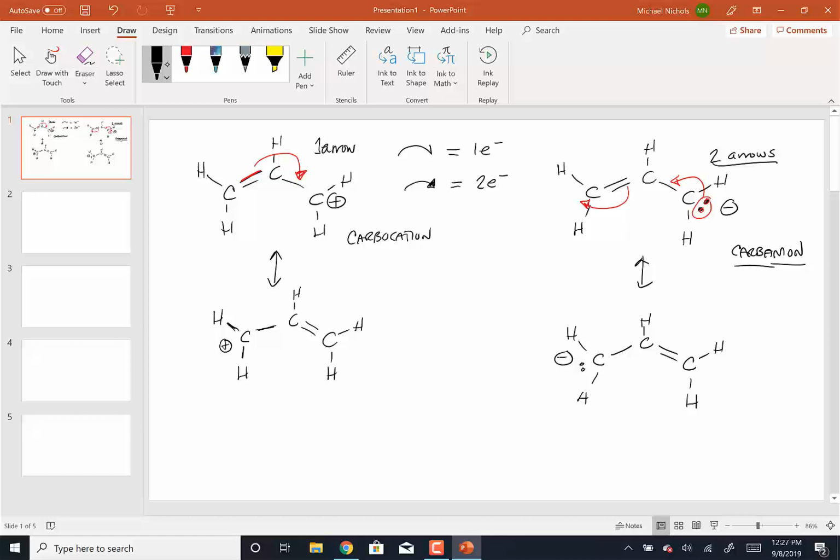That's why they make those statements: we need to move 2 pairs of electrons in order to form the other resonance structure, whereas if it's a carbocation, we just need to move 1 pair.